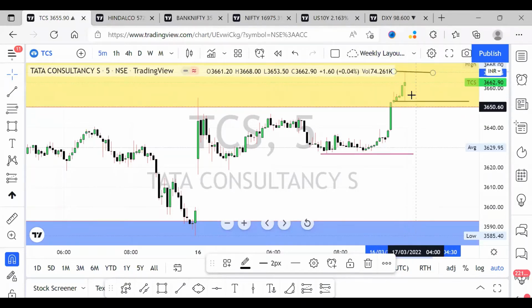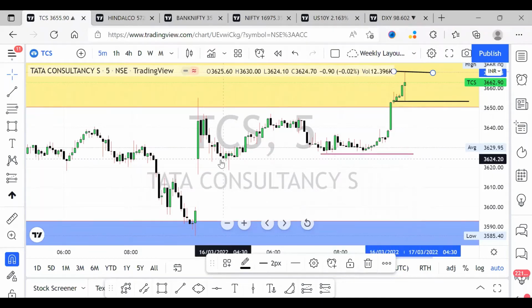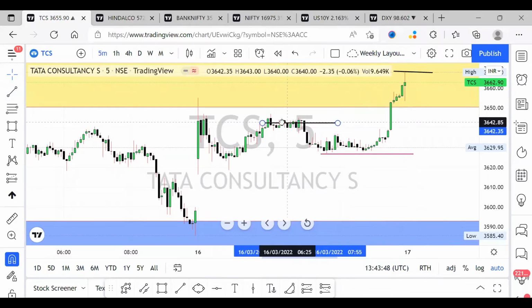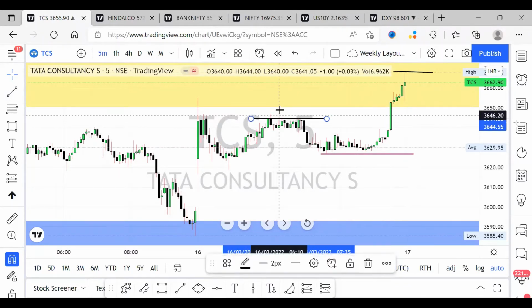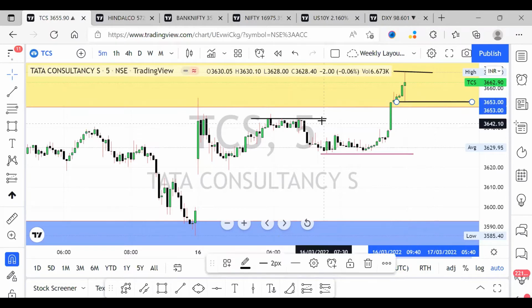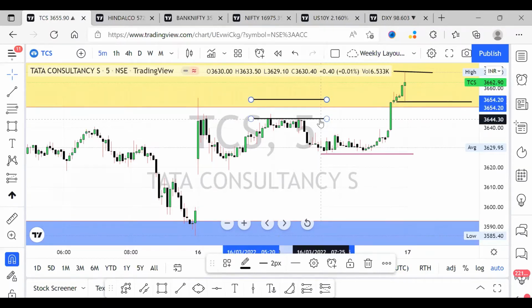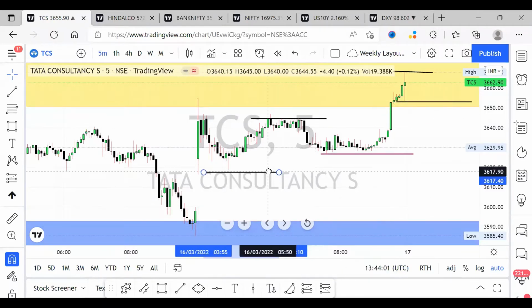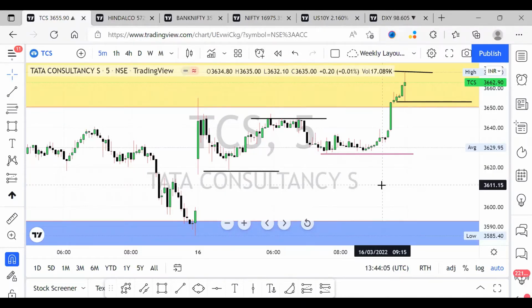If price invalidates that and goes to the further side, this is the major zone that needs to be taken out, because from here, that's where the movement started. So overall, try and see if that is then broken. You've got zones everywhere, so make sure your zones are protected. These are the key zones that you need to understand.